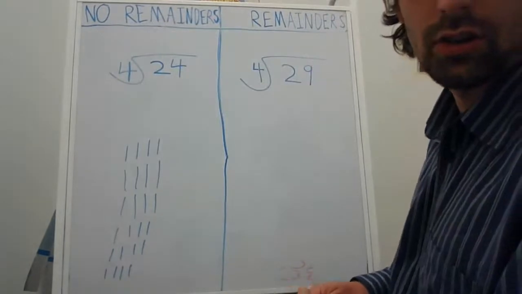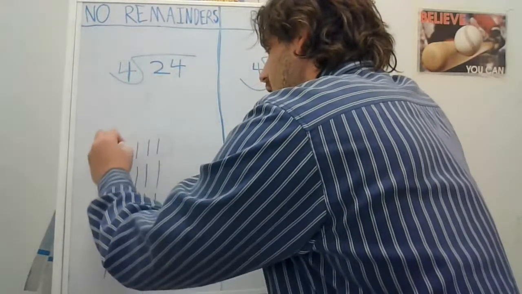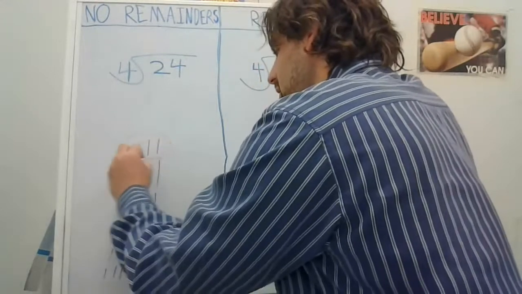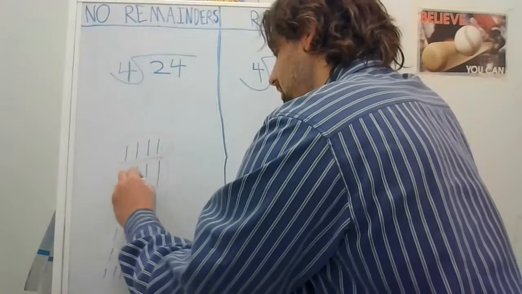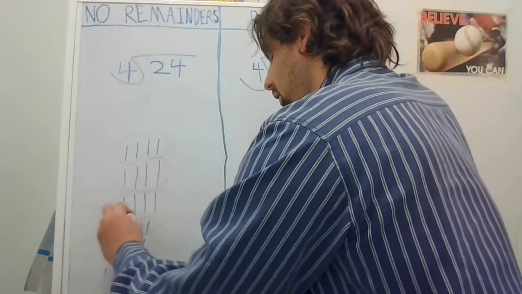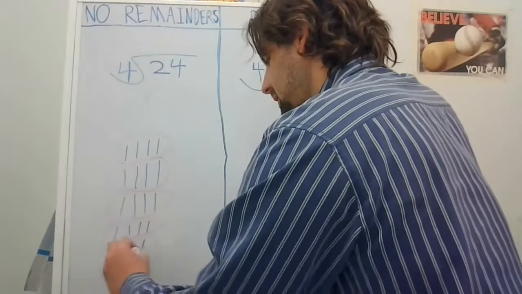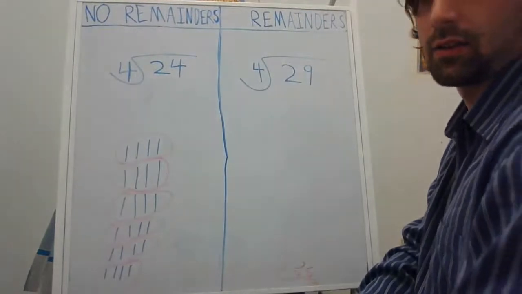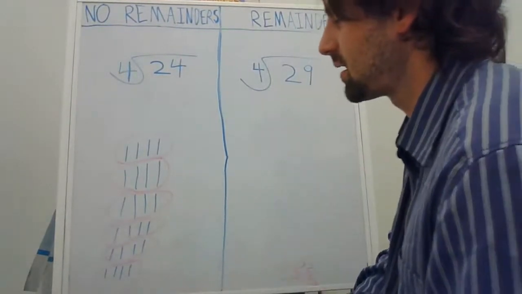So I'm going to draw a circle around every group of 4. See how many total groups we got. That's 1 group. That's 2 groups. 3 groups. 4 groups. 5 groups. 6 groups. Let me count that again. 1, 2, 3, 4, 5, 6.